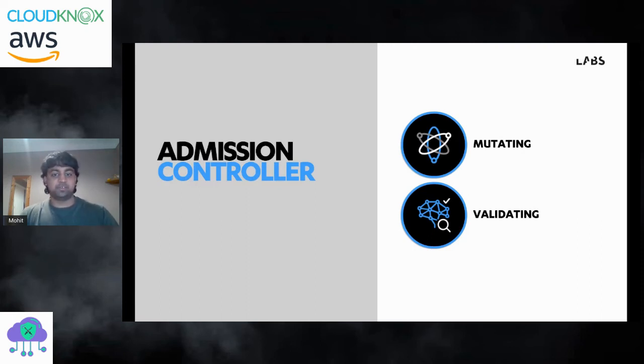Now, there are 2 types of admission controls: mutating and validating. Validating just validates the data and says, yep, this looks all right, I'm happy with this. Mutating takes it a little bit further, where if it's not happy, it has the option to change the request as it comes in. So, for example, if you have a pod coming in and it feels like changing something, it is well within its rights to do so.